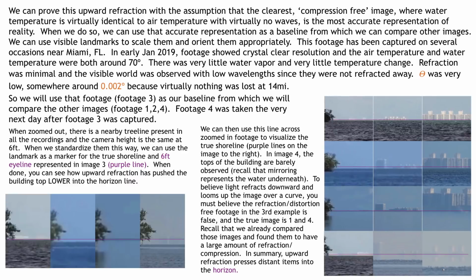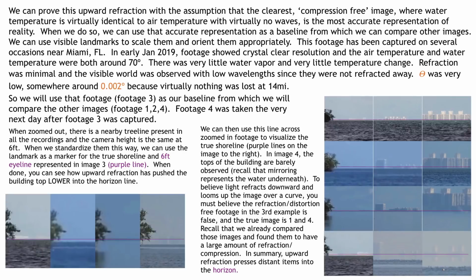So this footage has been captured on several occasions near Miami, Florida. In early January 2019, footage showed crystal clear resolution, and the air temperature and water temperature were both around 70 degrees on that day. There was very little water vapor and very little temperature change. Refraction was minimal, and the visible world was observed with lower wavelengths since they were not refracted away.